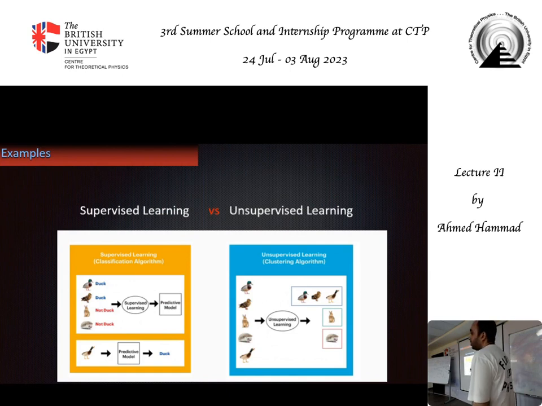For unsupervised learning, I don't give labels at all. I give images of different categories like duck, rabbit, hedgehog, and another duck. Then the model starts to dig inside the images and says, okay, these two images carry some common features: they have two wings and two legs.